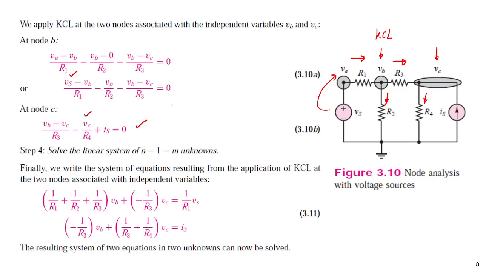So we have these two equations, and we solve for VB and VC as unknowns. This is two equations, two unknowns.